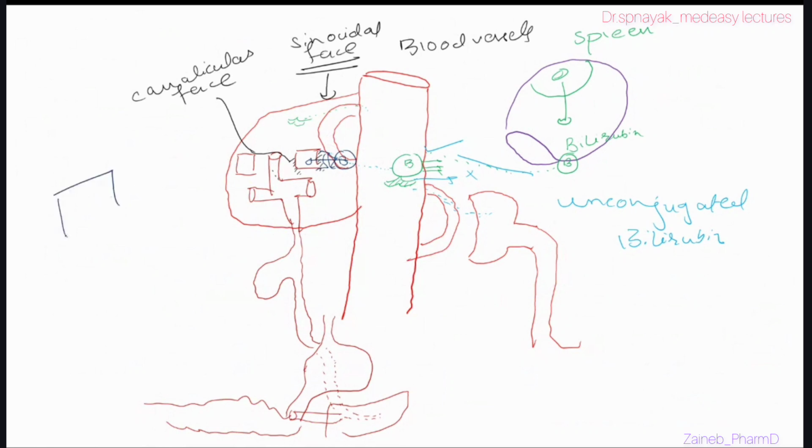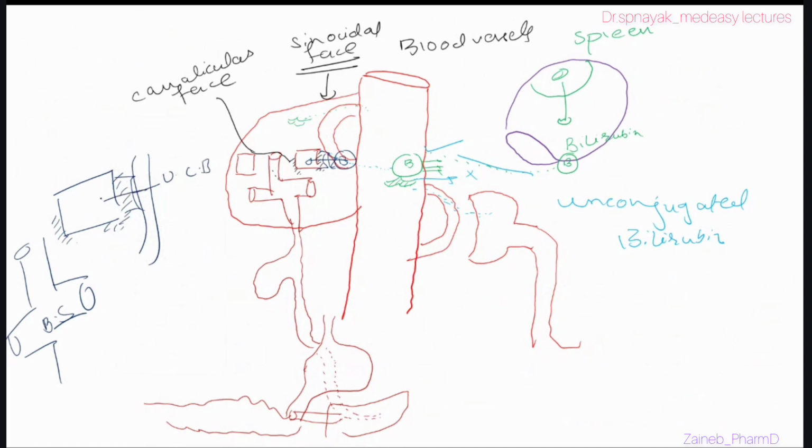Okay, these are the hepatocytes. This is the sinusoidal phase, facing the blood capillaries. This is the canalicular phase, facing the biliary system.